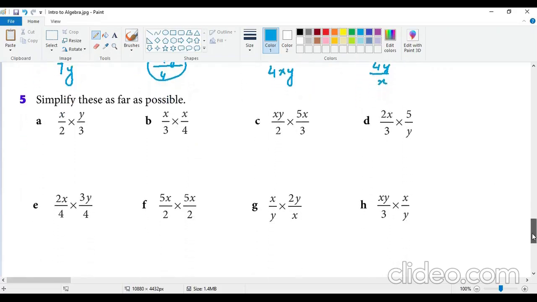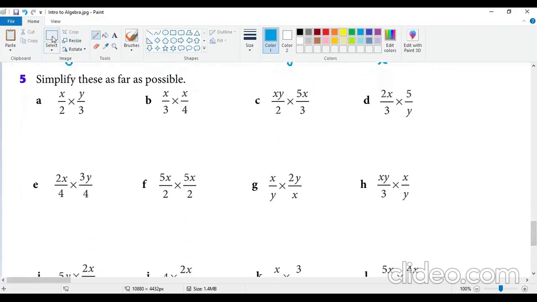In here there's a straight away simple question. This will give you xy over 6, this will give you x square over 12, this one will give you 5x square y over 6, this one will give you 10x over 3y as a final answer.